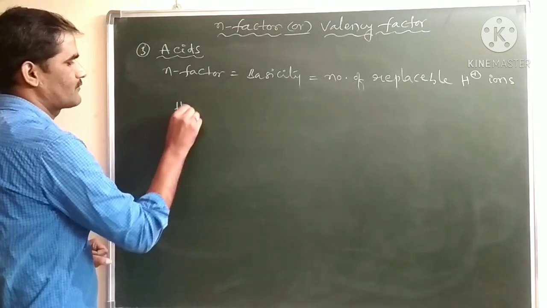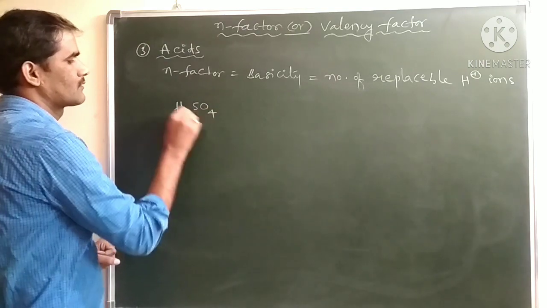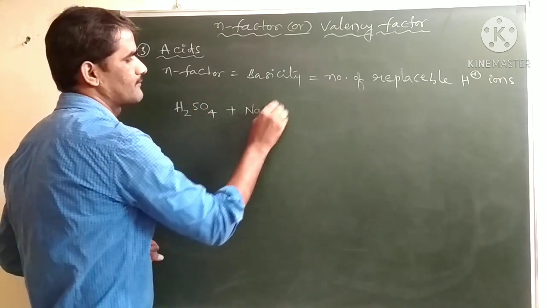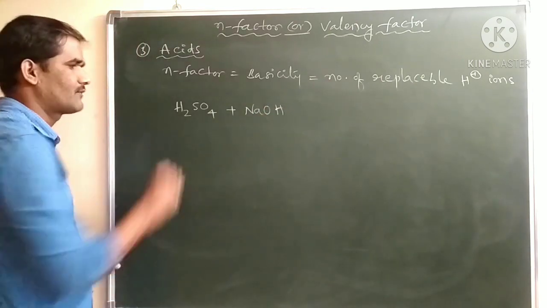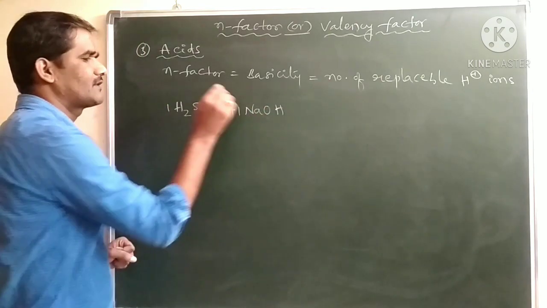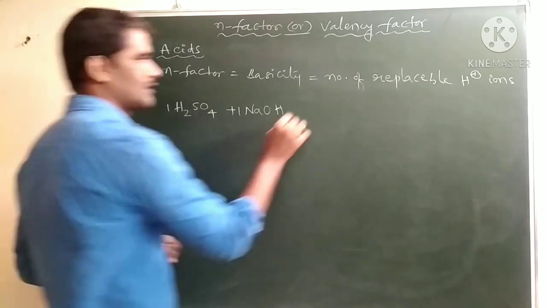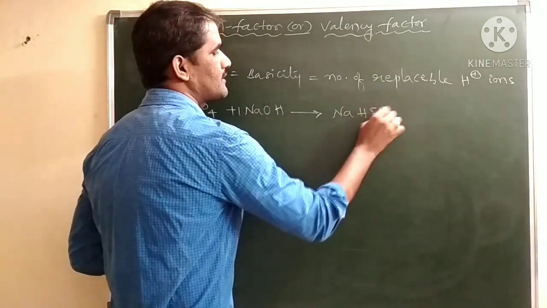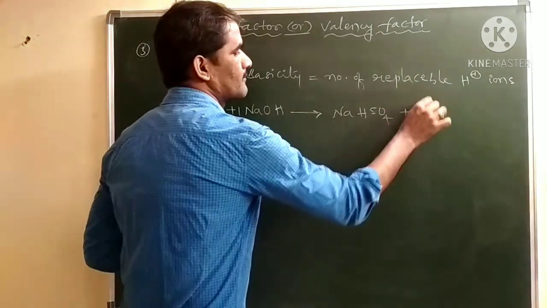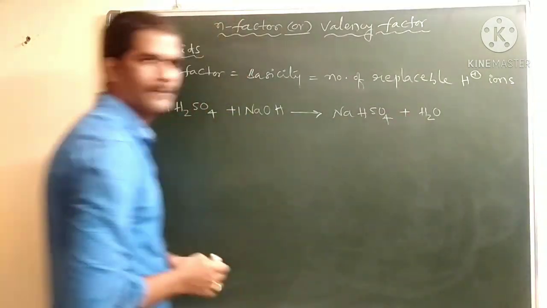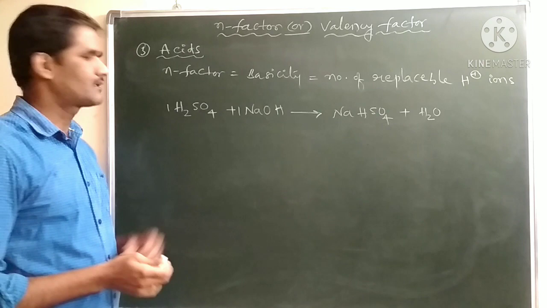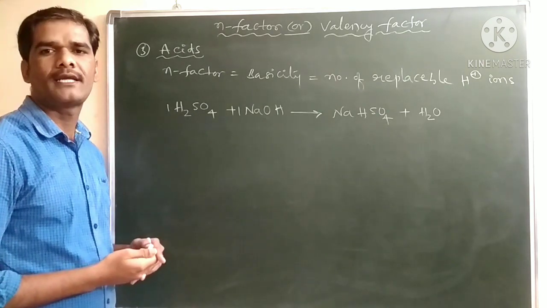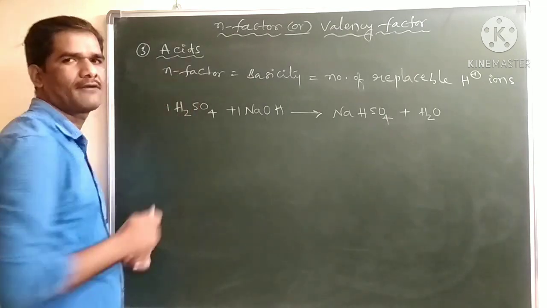Again, H2SO4 may react with the sodium hydroxide base. Let us assume 1 mole of H2SO4 is reacting with 1 mole of NaOH. Then the product you will get is NaHSO4 plus water. So if I ask what is the N factor for sulfuric acid, it is not 2. Why? Because what is the definition of N factor?